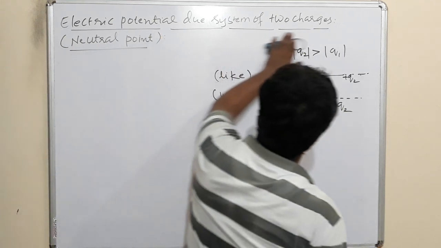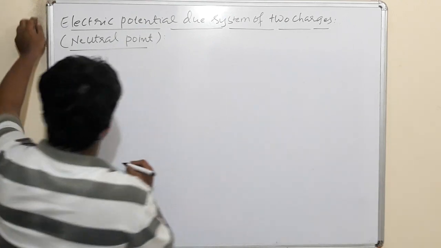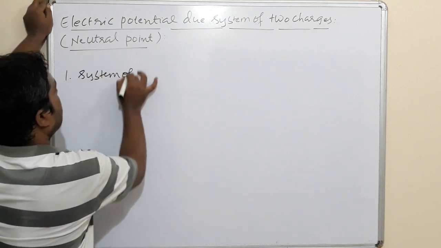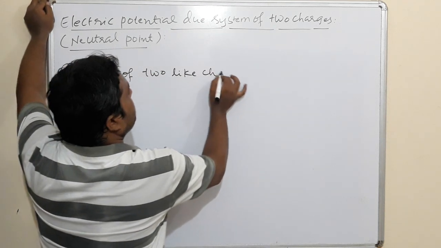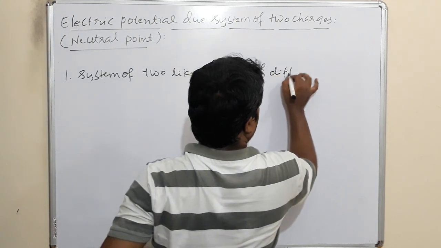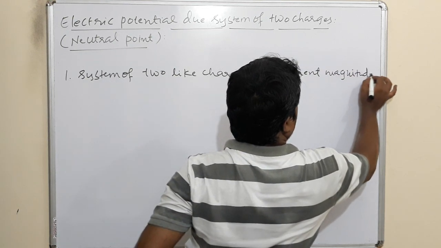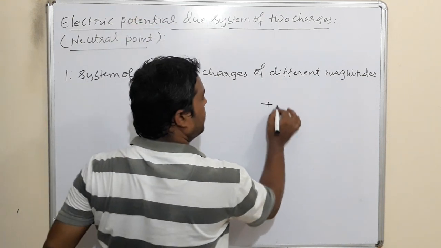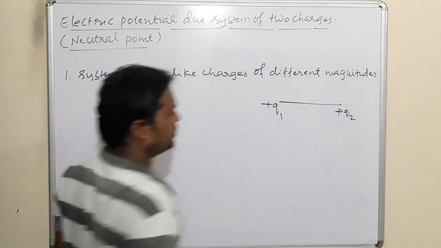When you want to calculate the same for electric potential, then you see. If I take the first one, it is a system of two like charges of different magnitudes. Here this is Q1, another charge will be there, plus Q2.